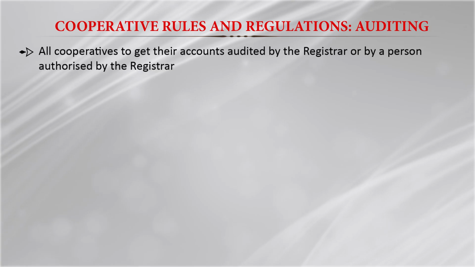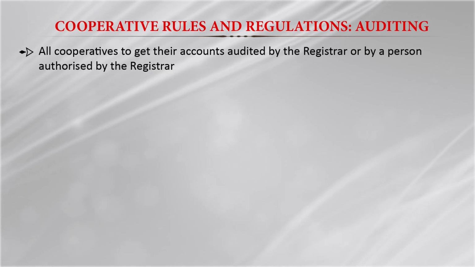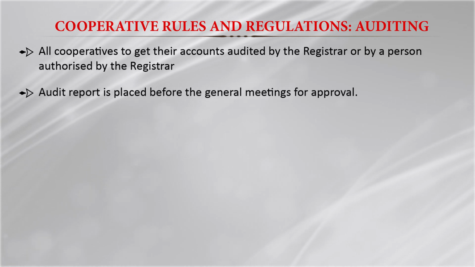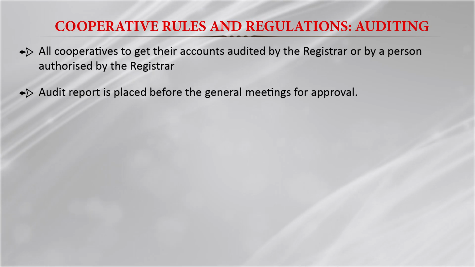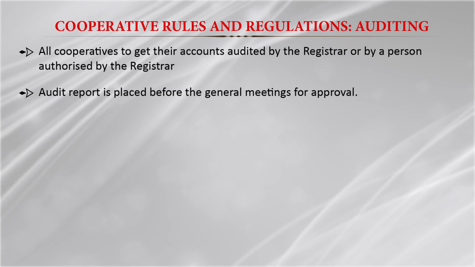And auditing is another important activity, which is part of the cooperative rules and regulations. All the cooperatives have to get their accounts audited by the registrar or by a person authorized by the registrar. And this audit report is placed in the general meeting of the cooperative society for the approval of the general body meeting.